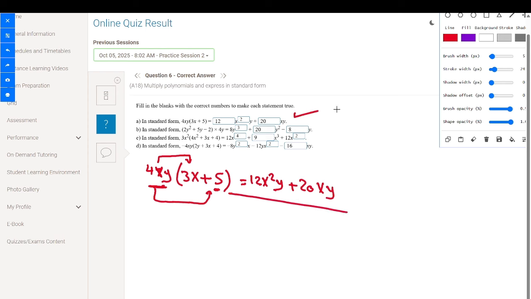Okay? Now here, take the second one. We have 2y squared plus 5y minus 2, all multiplied by 4y.